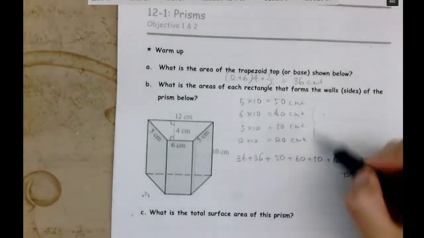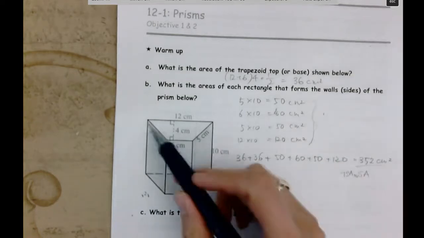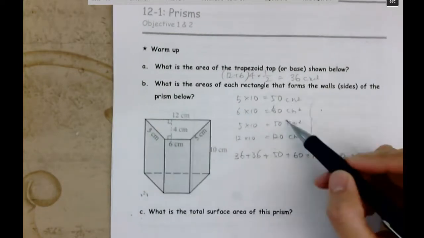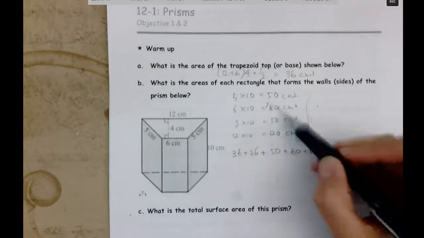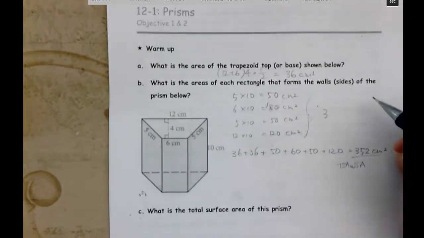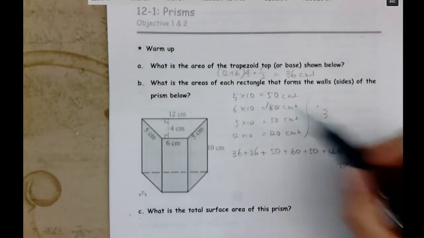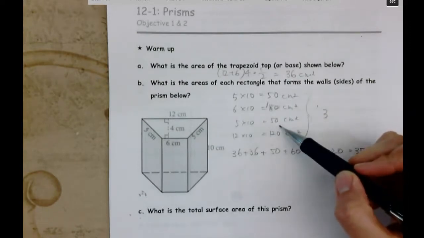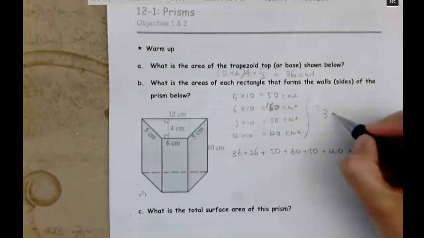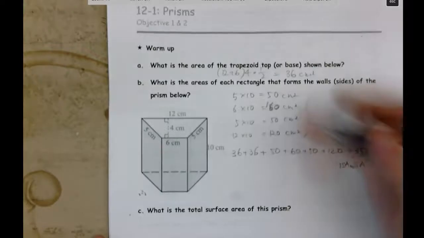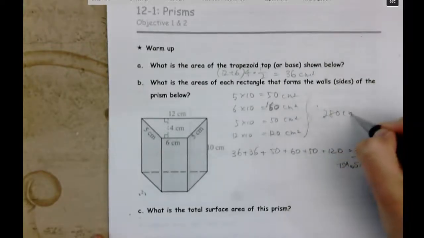The area of the sides, just adding these, would be what? 100, and this is 60, sorry. So 280? Yeah, 280 centimeters squared.